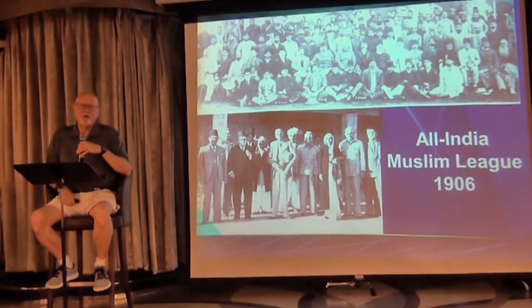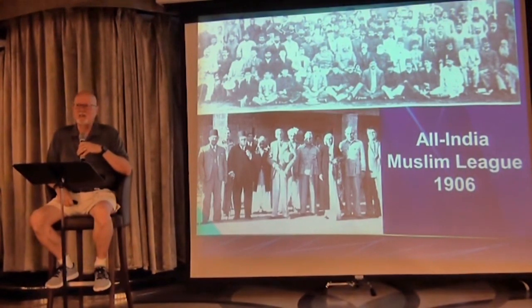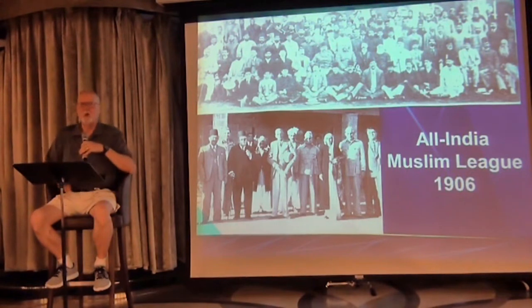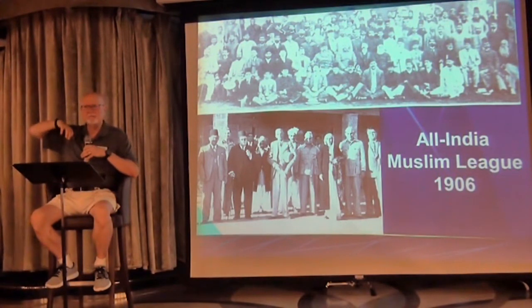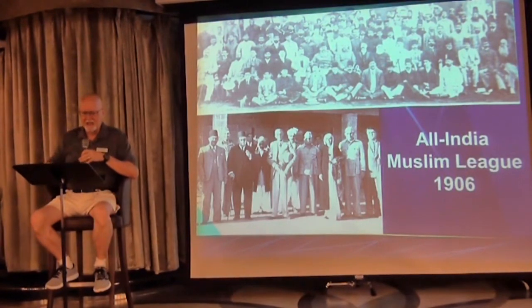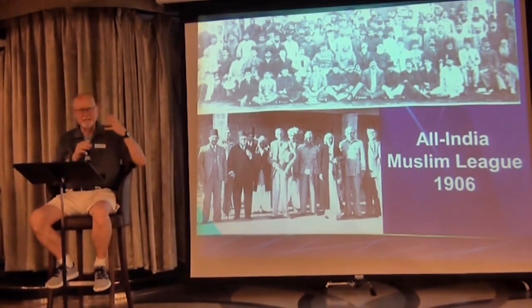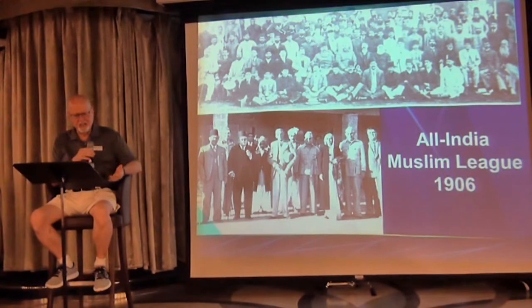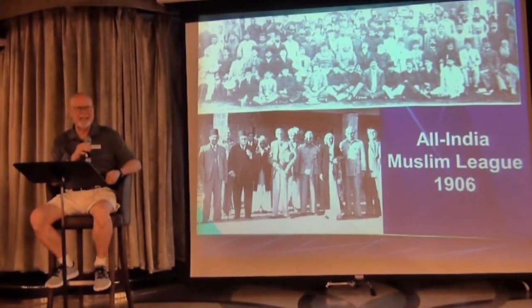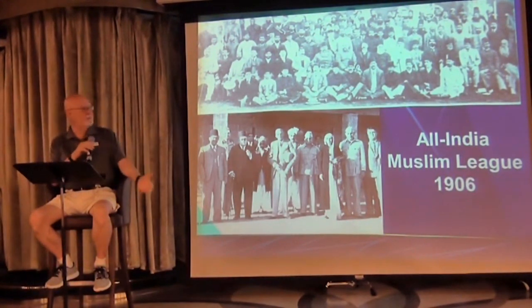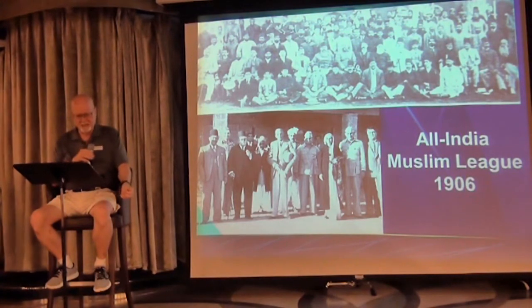This was a comparable organization to the Indian National Congress, except it was entirely Muslim, whereas the National Congress had gone from being mostly Hindu to being entirely Hindu. And so the Muslims felt they needed representation. They created this organization, the All India Muslim League, which later shortened their name to just the Muslim League.